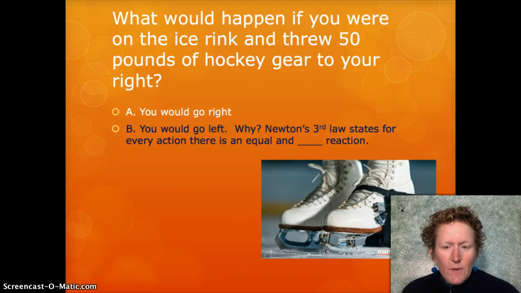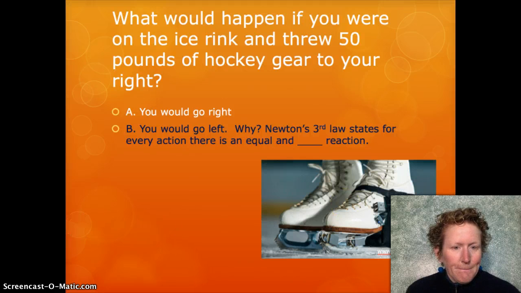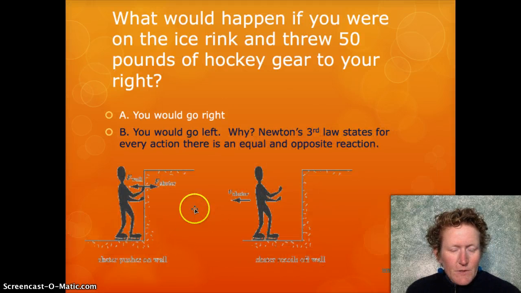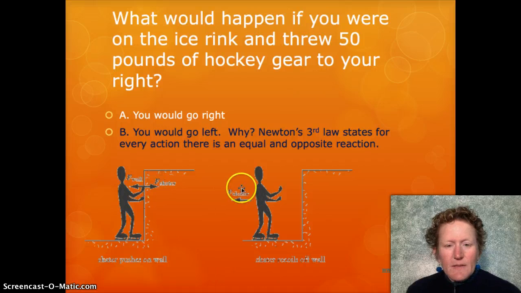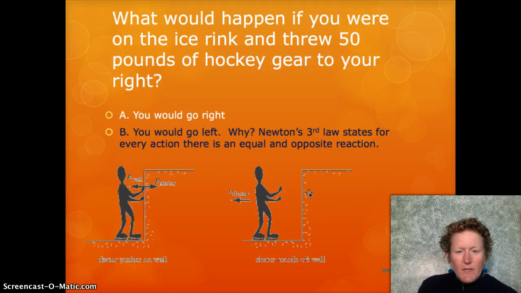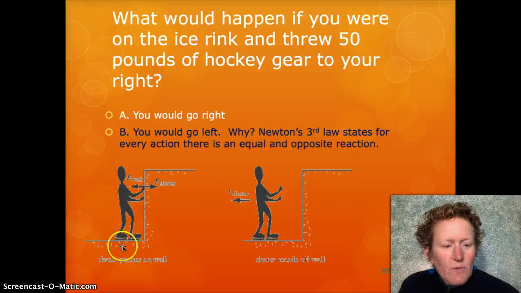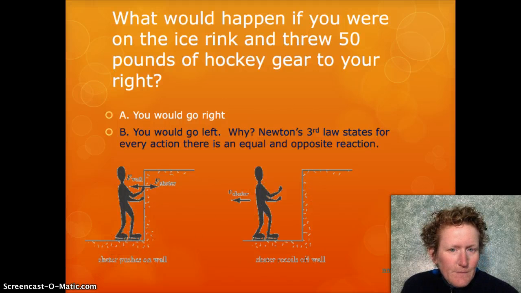They're looking at the forces that are involved and how much their bodies have to absorb. So if you throw gear, it's a lot like pushing off a wall. You're basically pushing the gear just like you would push a wall. That's why you go left. Newton's third law, every action, there's an equal and opposite reaction.